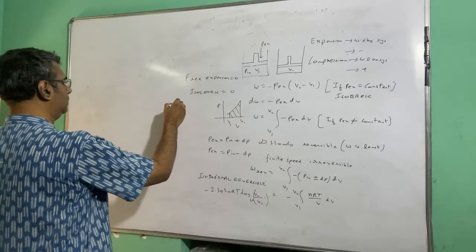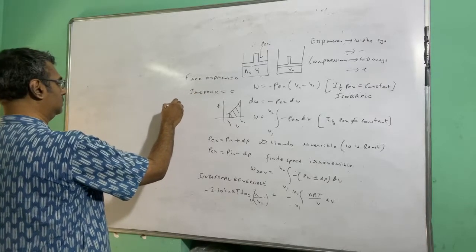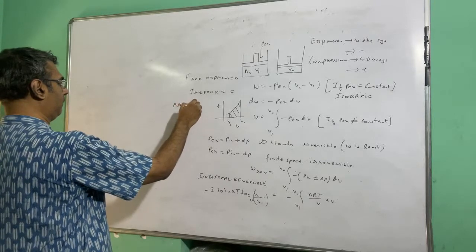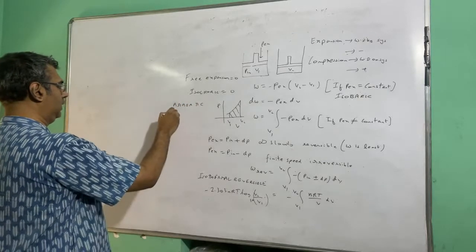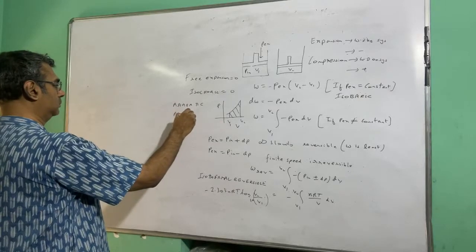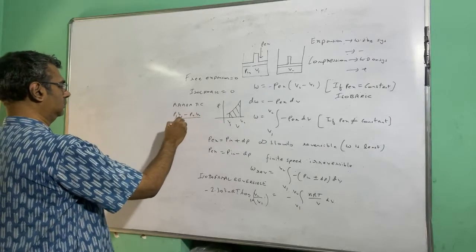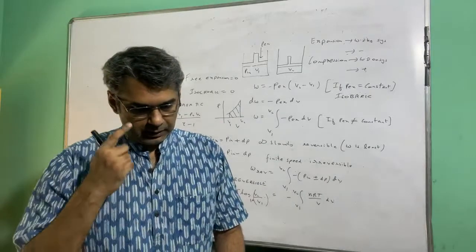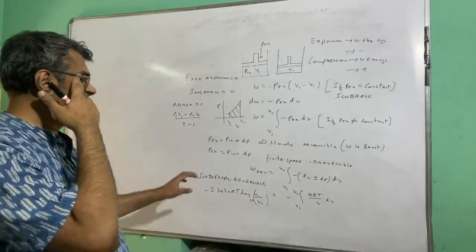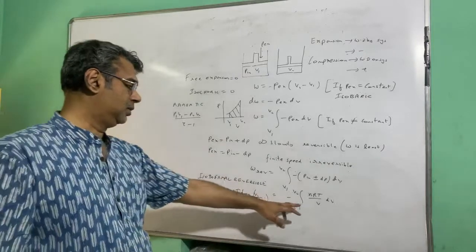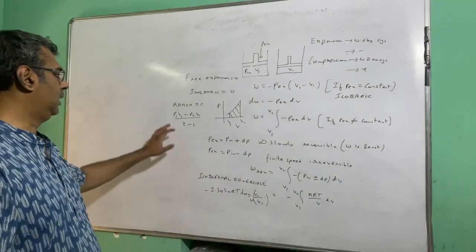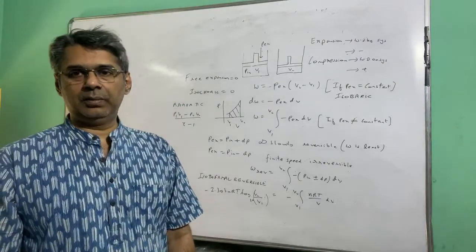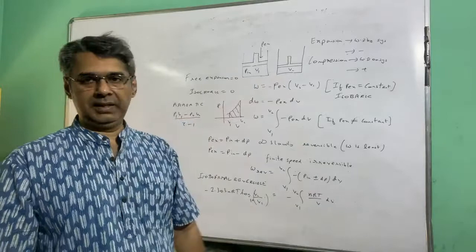Then we come to adiabatic. Now one thing I want to clarify: in these two formulas, that is isothermal reversible and adiabatic, I am assuming an ideal gas.